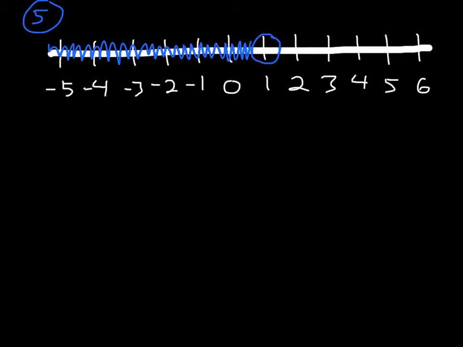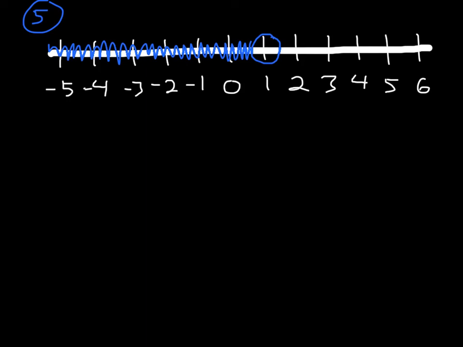Number 5 is a little bit different. We're given the graph, and first let's write this out using our notation. We have an open circle, so we know it's going to be either just less than or greater than. We're also seeing that this is at 1. It looks to me like this is all the numbers that are less than 1.